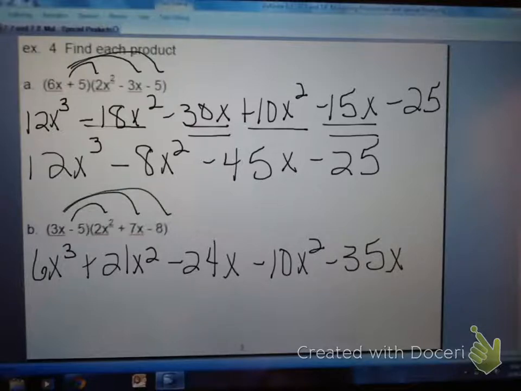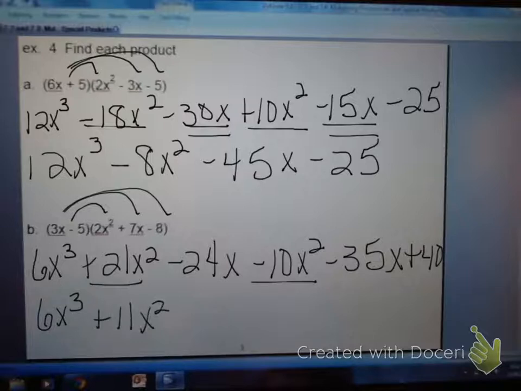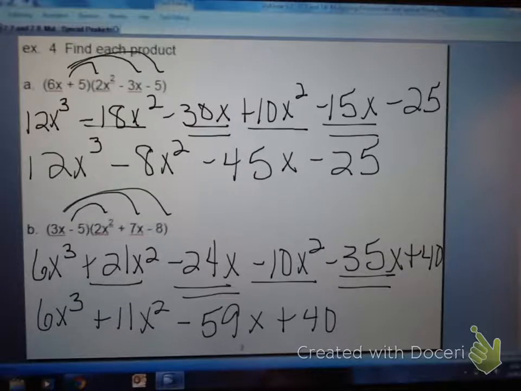And negative 5 times a negative 8 is a positive 40. Be very careful about your negatives. Combine like terms. 21x squared and a negative 10x squared is a positive 11x squared. Negative 24x and negative 35x is a negative 59x. Bring down the positive 40.